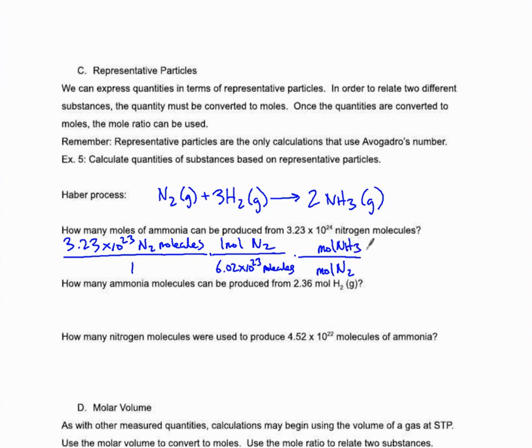According to the balanced chemical equation, for every 1 mole of N2, we get 2 moles of NH3. Now, if you read the question carefully, this is asking you for how many moles of ammonia, and here I have moles of ammonia. So at this point, I'm going to stop.